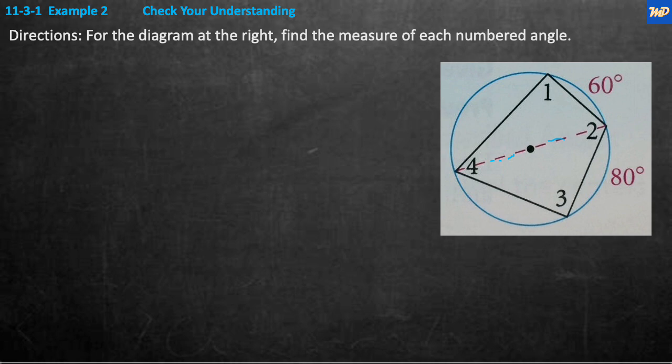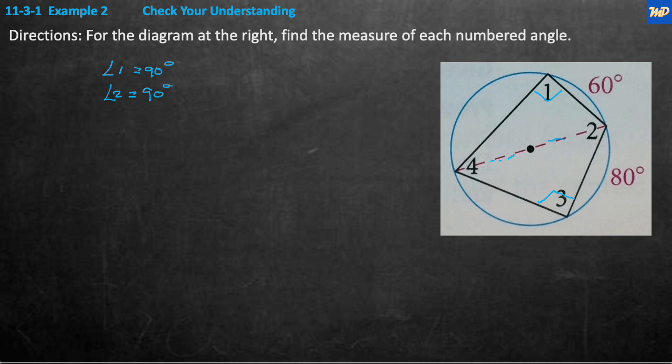Inside a semicircle, that angle is 90 degrees. So that's 1 and 3 are 90. So angle 1 is equal to 90 degrees, and angle 2 is equal to 90 degrees.